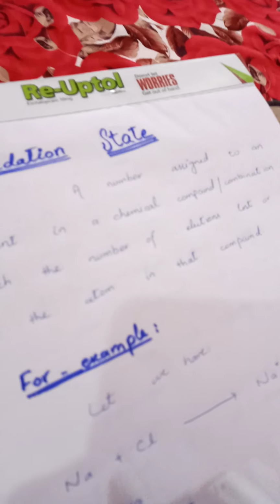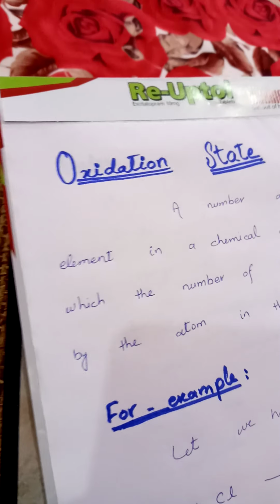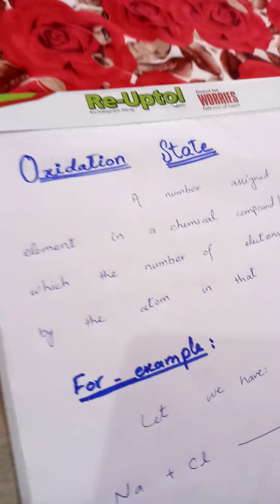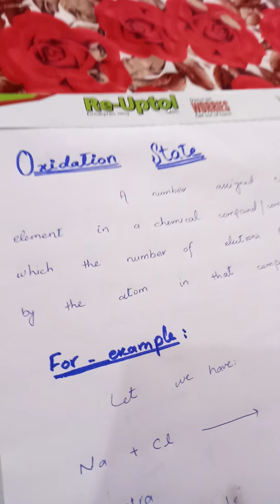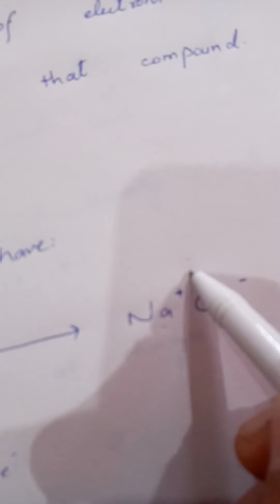For example, take the compound NaCl. In this compound, sodium has one extra electron and chlorine has the ability to accept one electron. So in the compound, Na will have a positive charge and chlorine will have a negative charge, because sodium lost the electron.